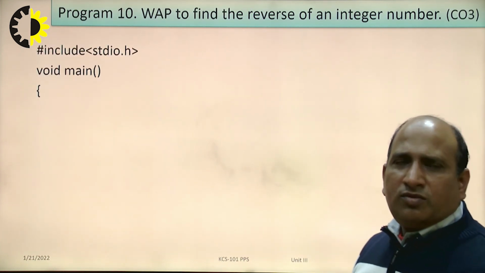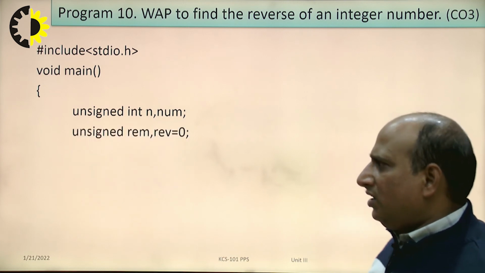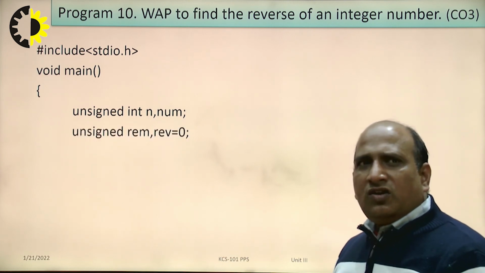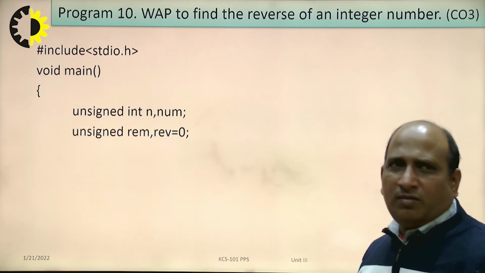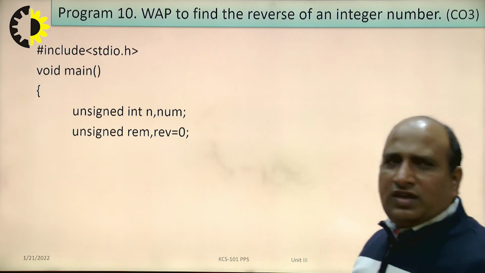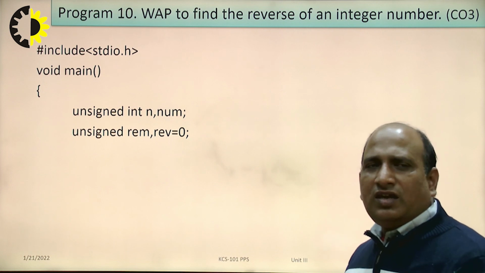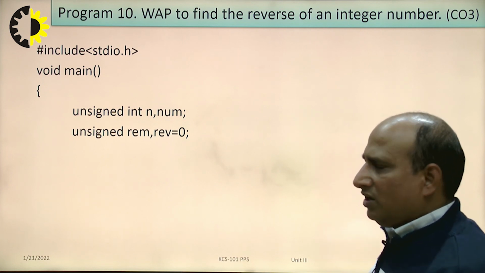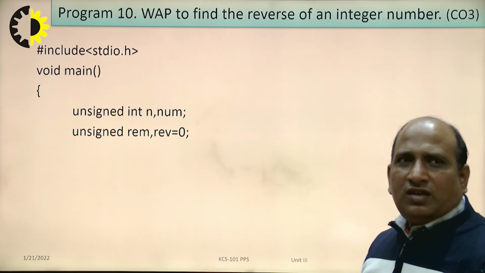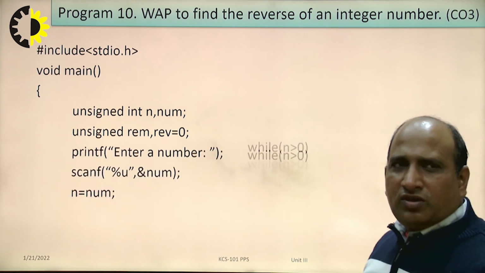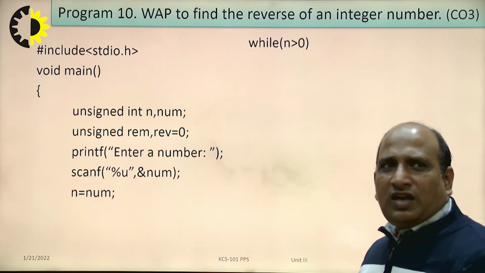In this program we will try to find the reverse of a number. For that, same as before, I have taken the num variable in which we will put the number, and the input number is initialized to n.